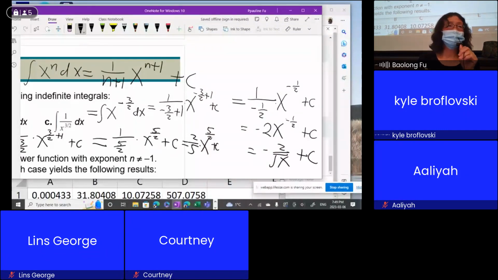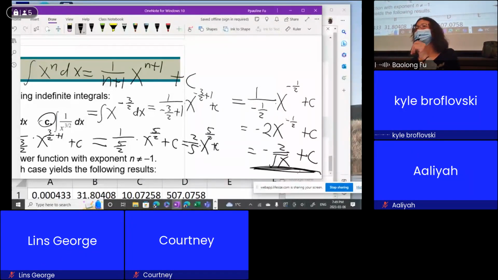There is an easy way to check an integral. How do you know this result is correct for question C? How do you know? Anyone? How do I know negative 2 over square root of x plus c is the correct answer for question C? Thank you.